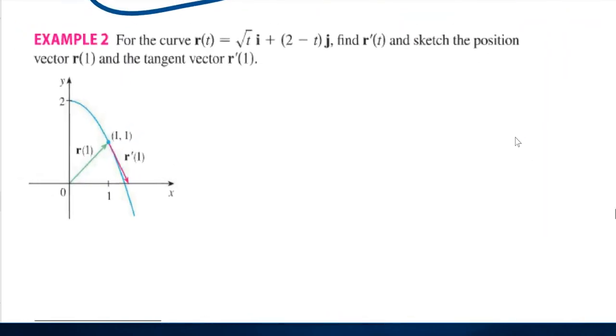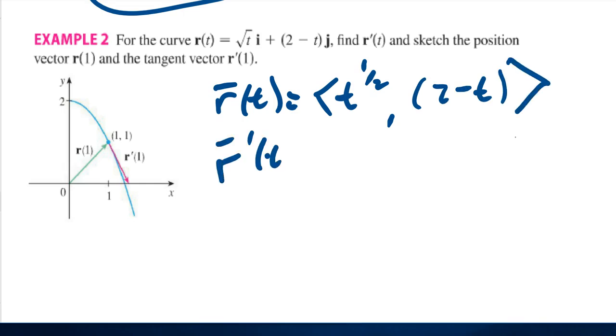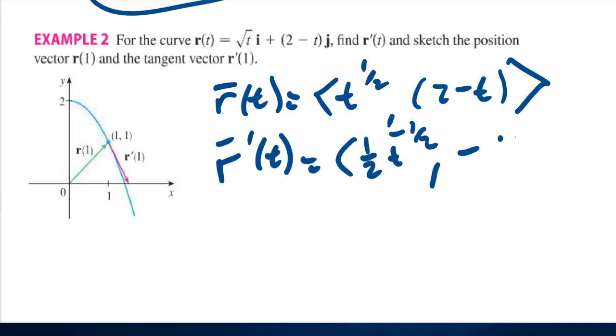And let's do this problem. So r of t is t to the 1/2, I'm doing t to the 1/2 because I know I have to take the derivative, and then 2 minus t. Now r prime of t is 1/2 t to the negative 1/2, comma negative 1.